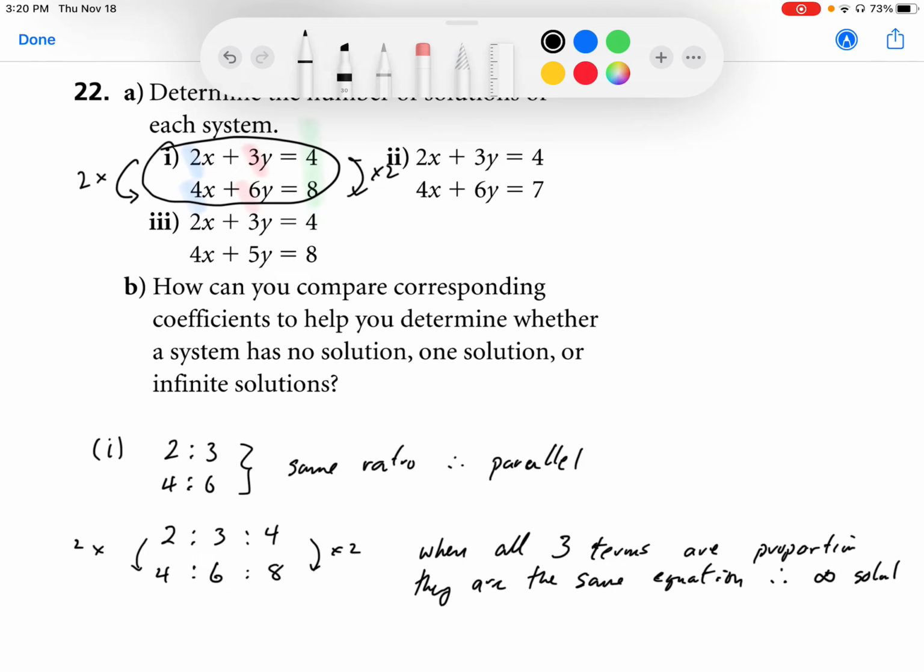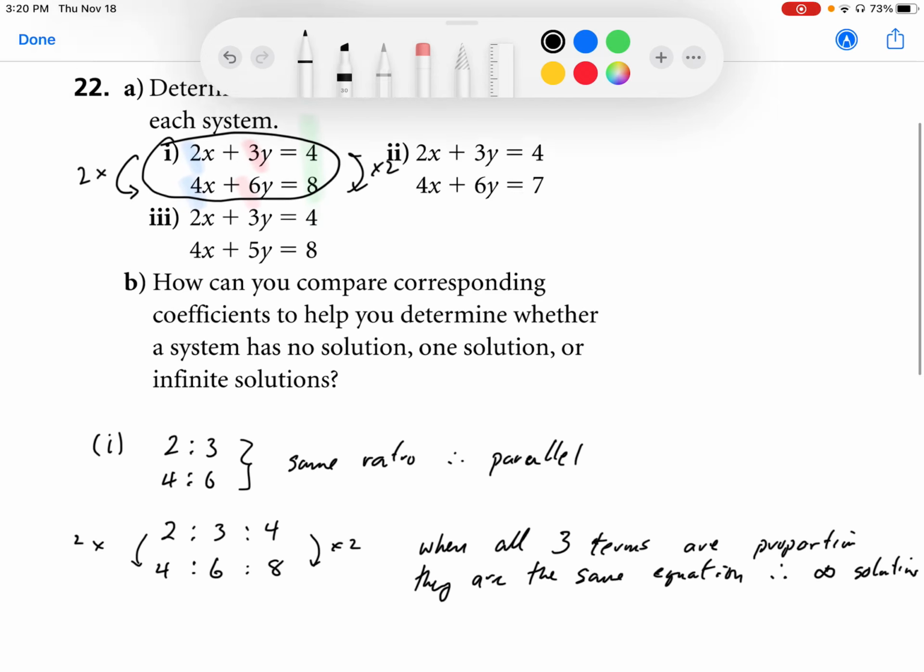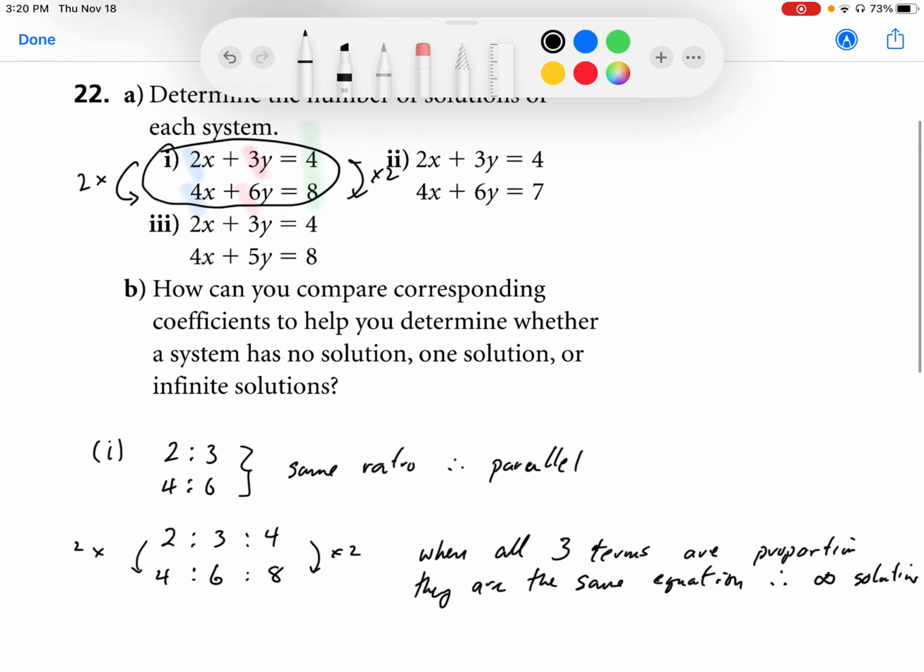Infinite solutions here. Okay? So in example 1, they are infinite solutions.